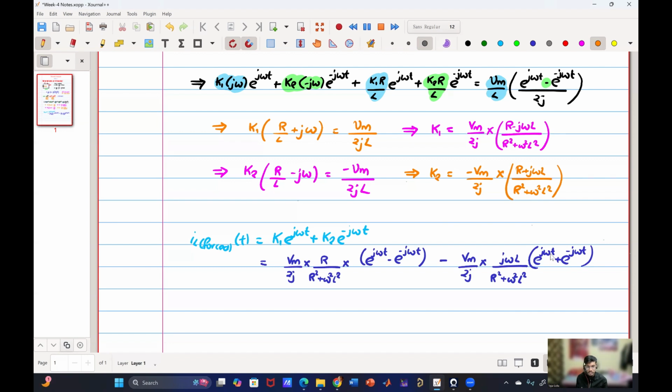Can you do it? Shamita, are you doing? We should segregate and write, sir. Yes, yes, yes. Take the term common and then write.